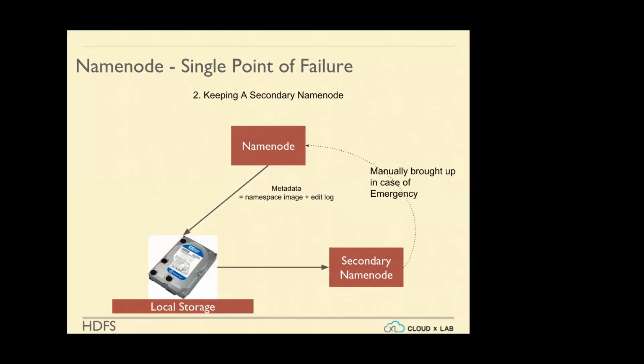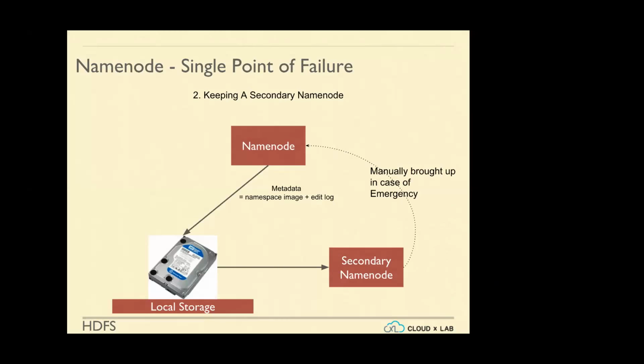Now, there was a concept called the secondary name node, in which we keep a machine ready with a copy of the name node installed on it. In case the first name node goes down, we prepare the metadata by applying the edit log on the namespace image and recover on the secondary name node.